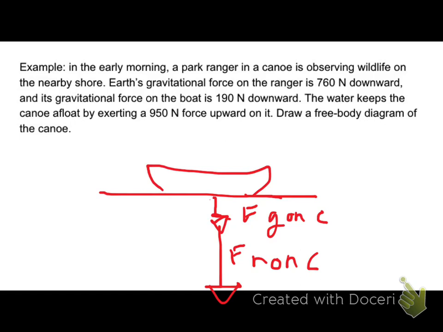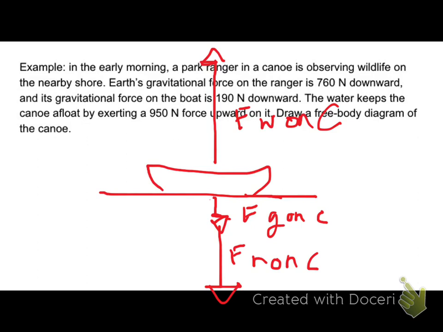Then we want our upward force to roughly match the downward force in length, because it's supposed to be balancing it, right? Which is how this boat is floating. And so that would be the force of the water on the canoe.